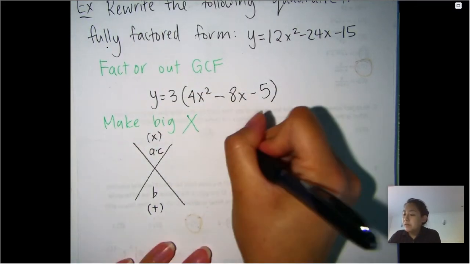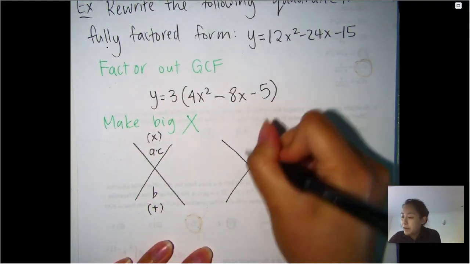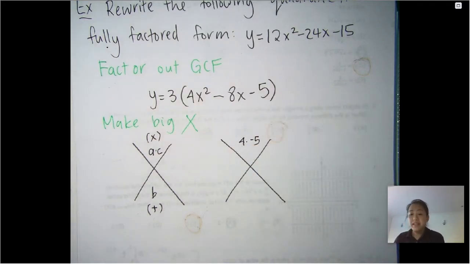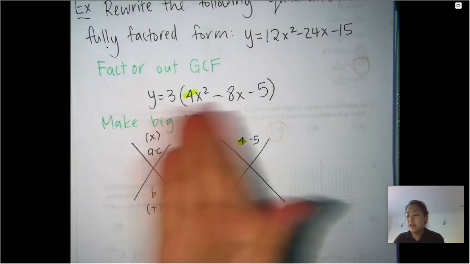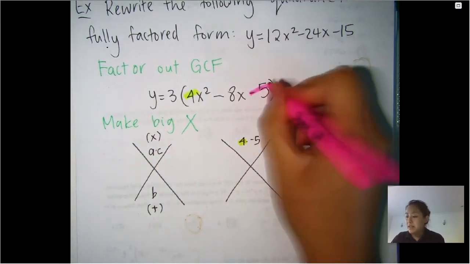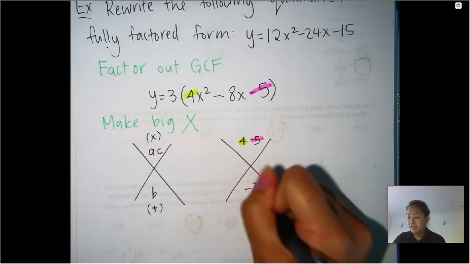Okay, so at the top, we're putting 4 times negative 5. So again, that's A times C. So the 4 was the A, assuming this is AX squared plus BX plus C. And then the minus 5 is your C. And then the B at the bottom, that's minus 8.